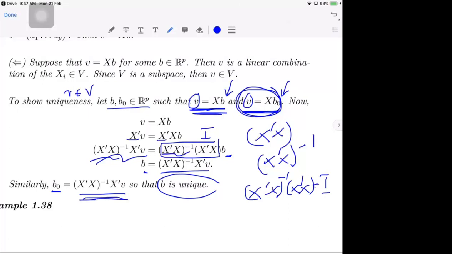Now later, you will see that this X prime X inverse X prime Y is actually an estimate of your beta hat in your linear regression. Or in terms of projection, this is actually the projection of a vector Y into the subspace V in linear algebra.